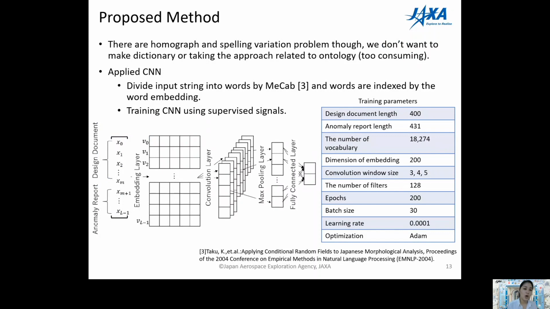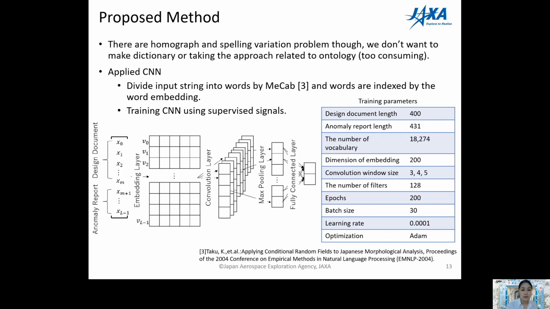We observed the homograph and spelling variation problems. We don't want to make a dictionary to overcome those problems or take an ontology-related approach because it's too time consuming. So we decided to apply a neural network, and we selected a convolutional neural network this time.